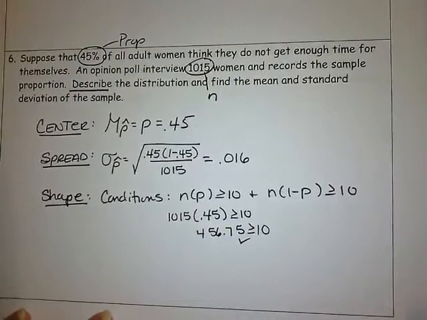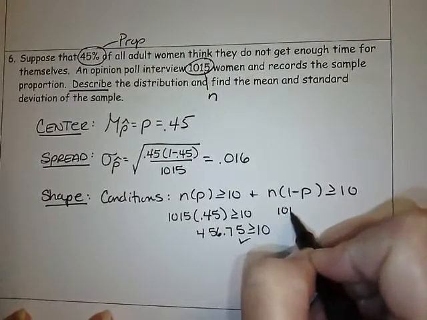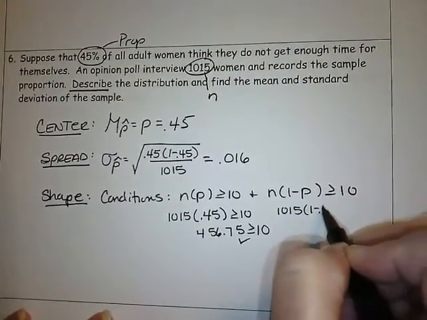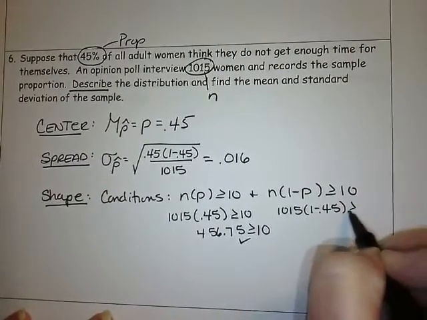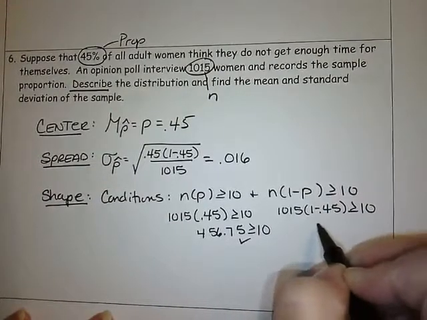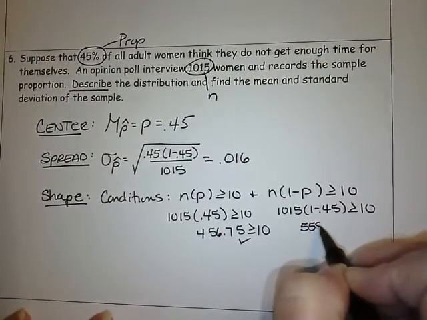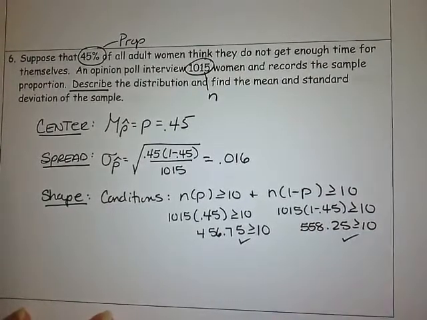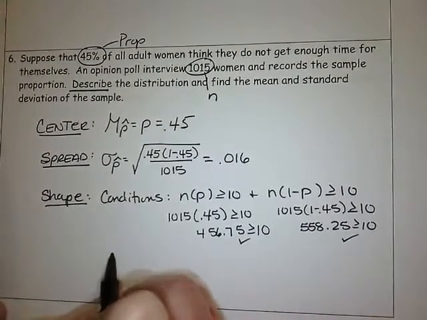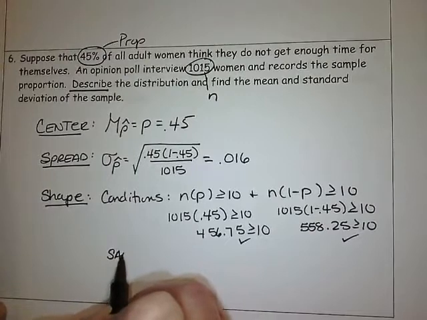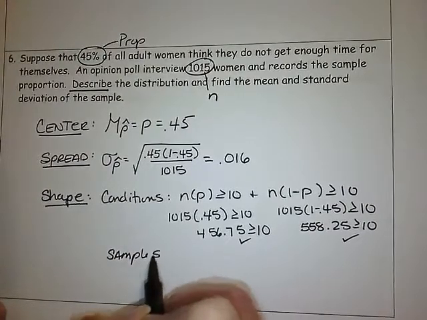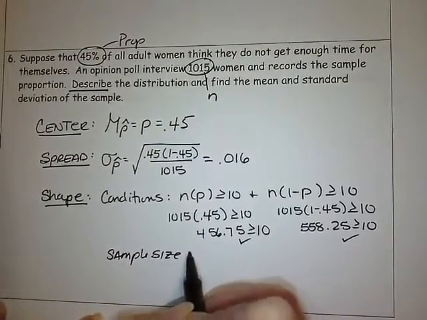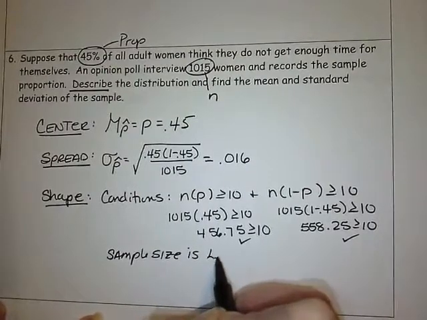So I'm good. So I have to do it again, 1,015 times (1 minus 0.45), and see if that is greater than or equal to 10. So I have 558.25, greater than or equal to 10. And so I am good to go. Okay, so then we're going to say the sample size is large enough.